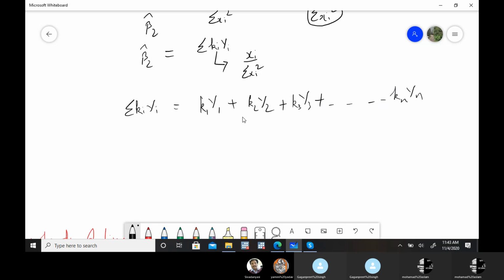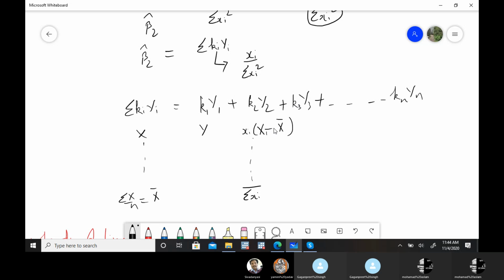So what it means in terms of numbers: if you have data of x and y, then first you have to find this xi, that is x minus x mean. That means first you have to find summation x by n, that is your x mean. Then you can take deviations, that is your xi.